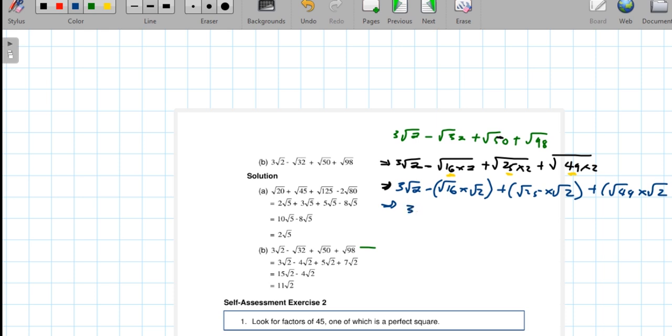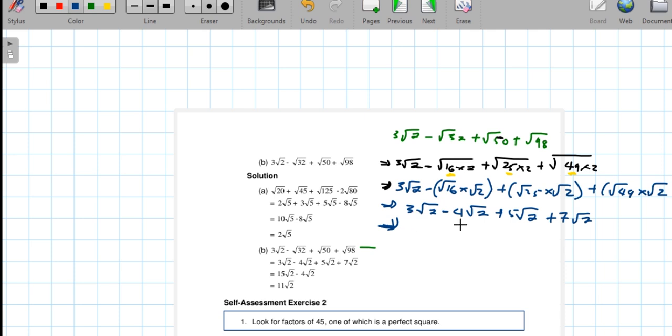So this is 4 root 2, then this will be minus 4 root 2 because it's a perfect square, then plus 5 root 2, then plus 7 root 2. That's what we have there. So you discover that these are similar surds now. They are like surds. Remember, surds cannot be added or subtracted except they are like surds.